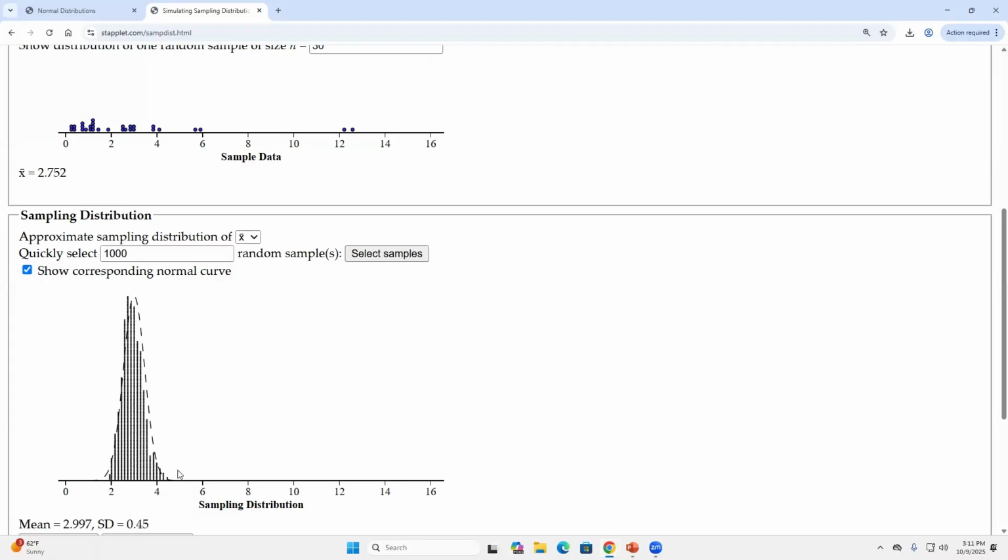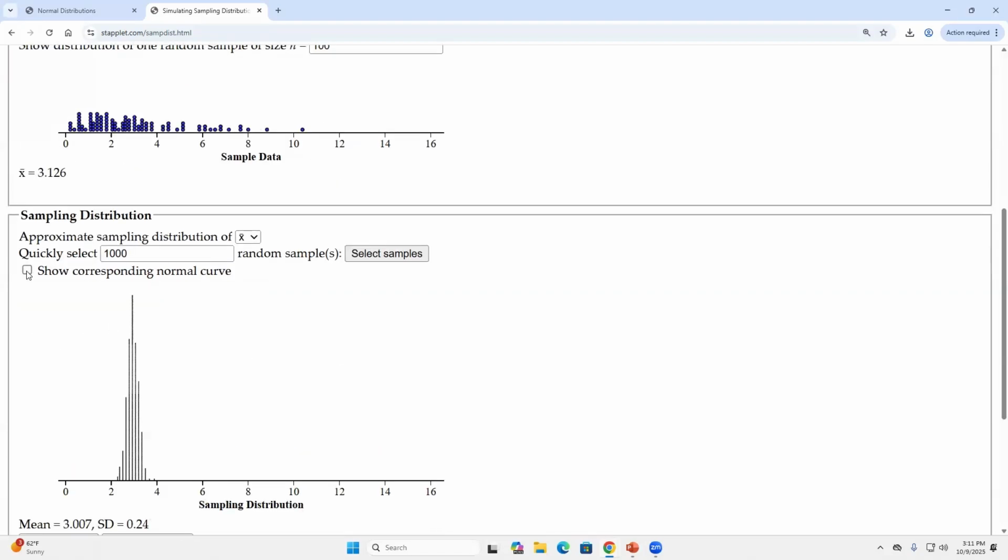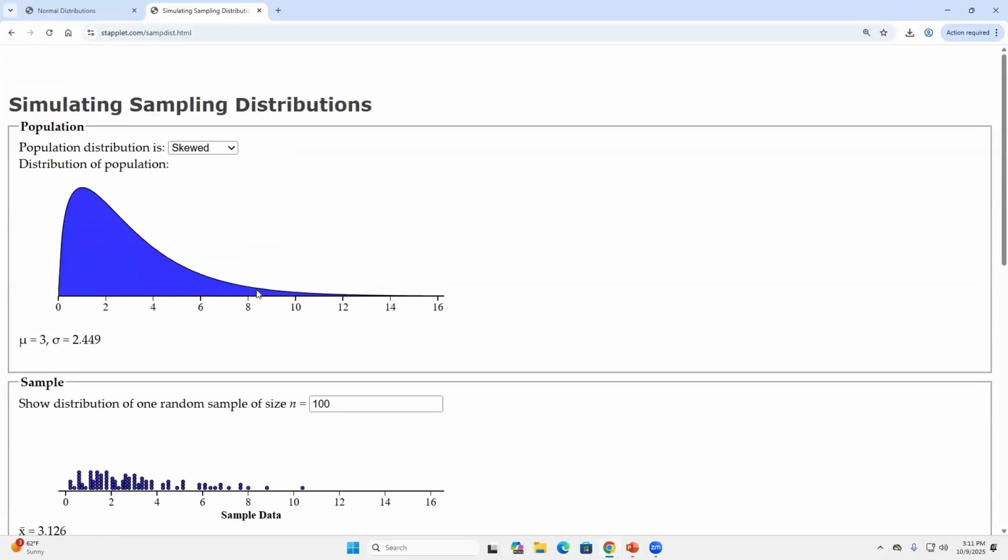So we have a distribution that is approximating that normal curve, and the higher this goes, so we have a sample size of 100, the higher your sample size, the more like a normal curve your sampling distribution becomes. And importantly, it becomes like a normal curve regardless of what your population looks like.